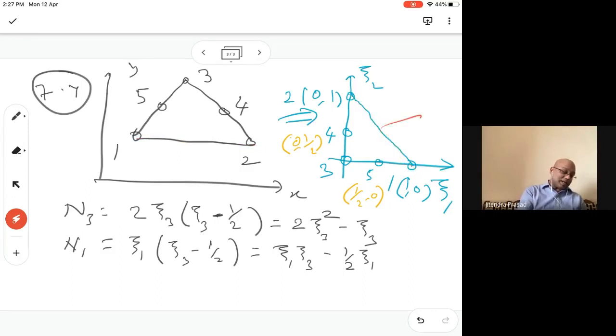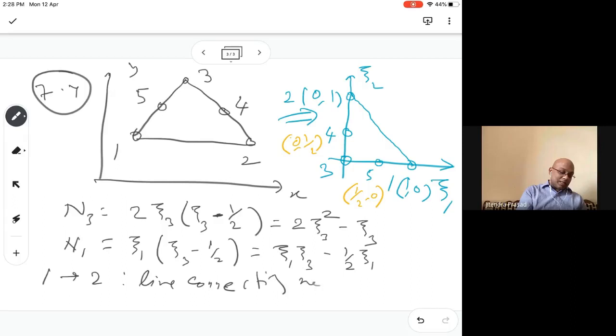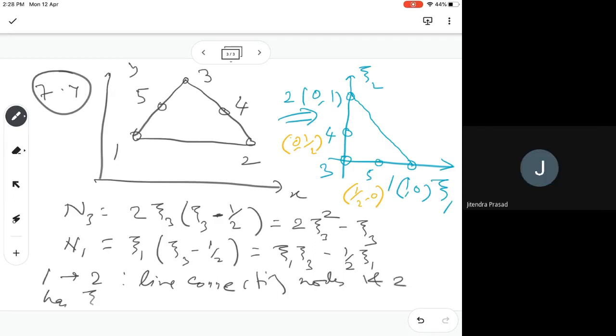Let's check what happens when you go from node 1 to 2. Basically, our line connecting nodes 1 and 2 has Xi3 equal to 0, right?